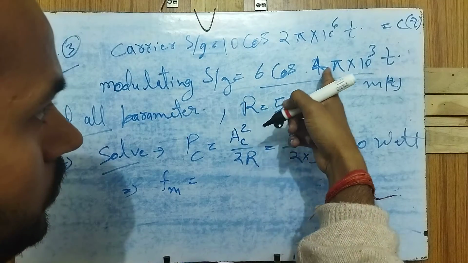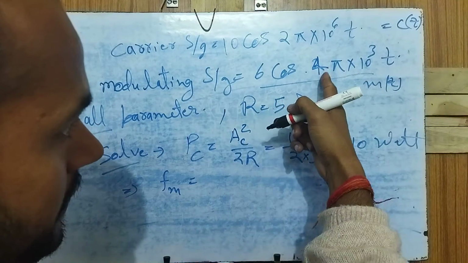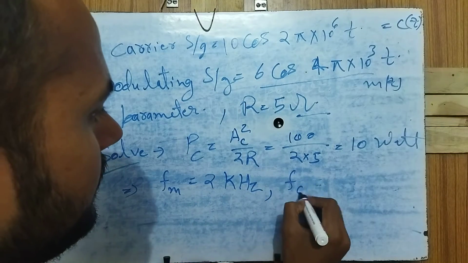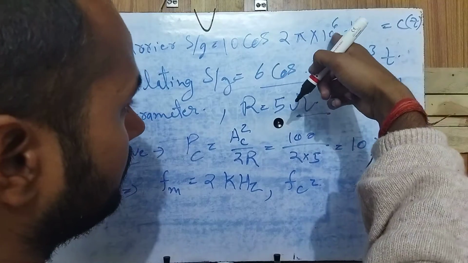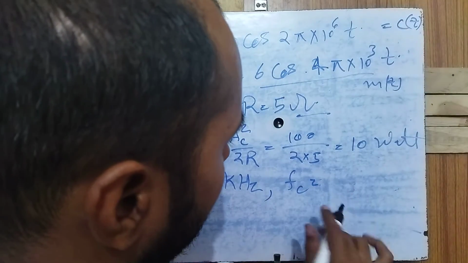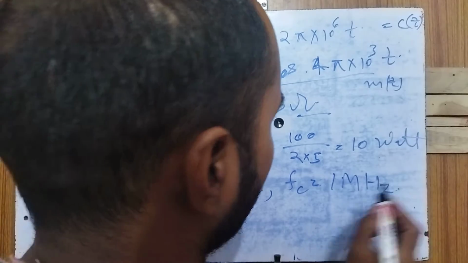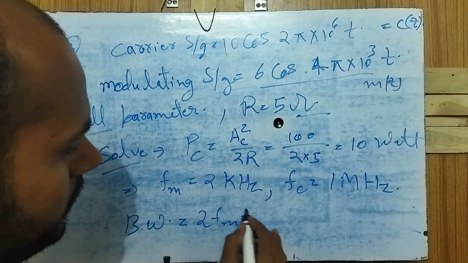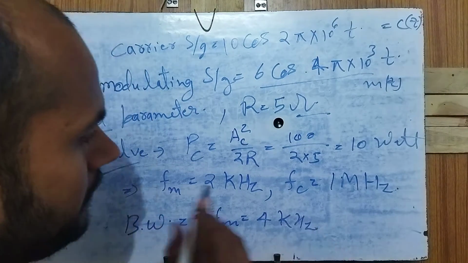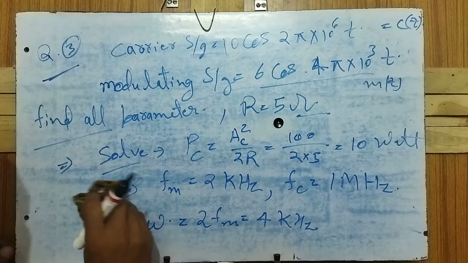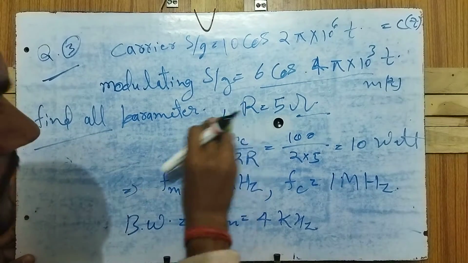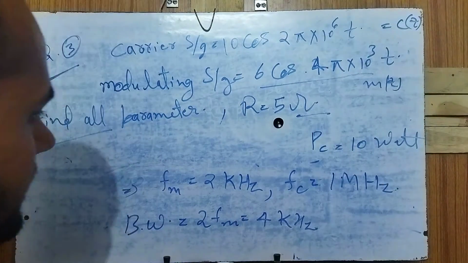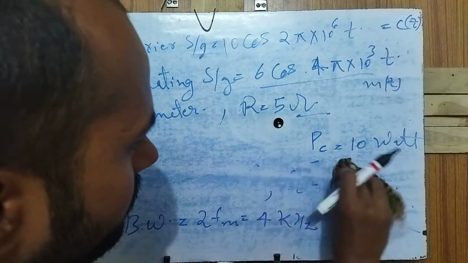Message frequency, 2 pi f. 2 pi f means 2 into 10 power 3, that is 2 kilohertz. And carrier frequency, 2 pi f, f is 10 power 6, that means 1 megahertz. So bandwidth will be 2 fm, 2 into 2, 4 kilohertz bandwidth. Carrier power is 10 watt, fm is 2 kHz and fc is 1 megahertz.